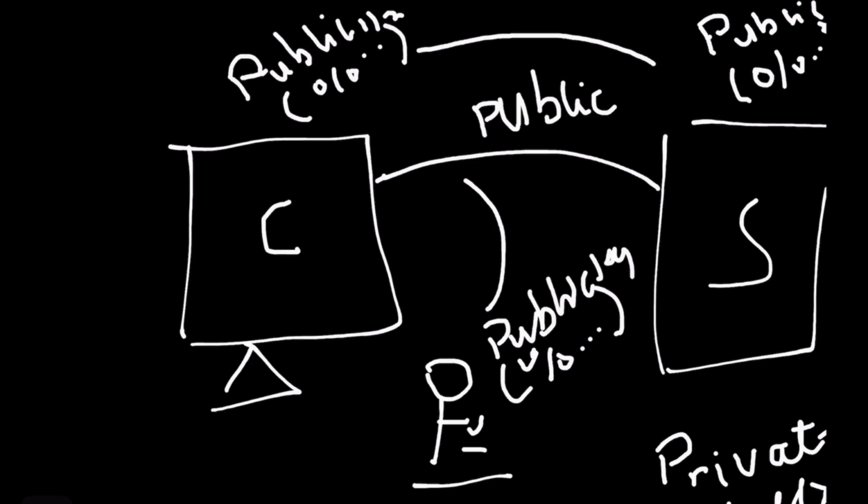So the private key becomes a secured passcode that helps us not to be vulnerable to the hacker. So that's how asymmetric encryption works.